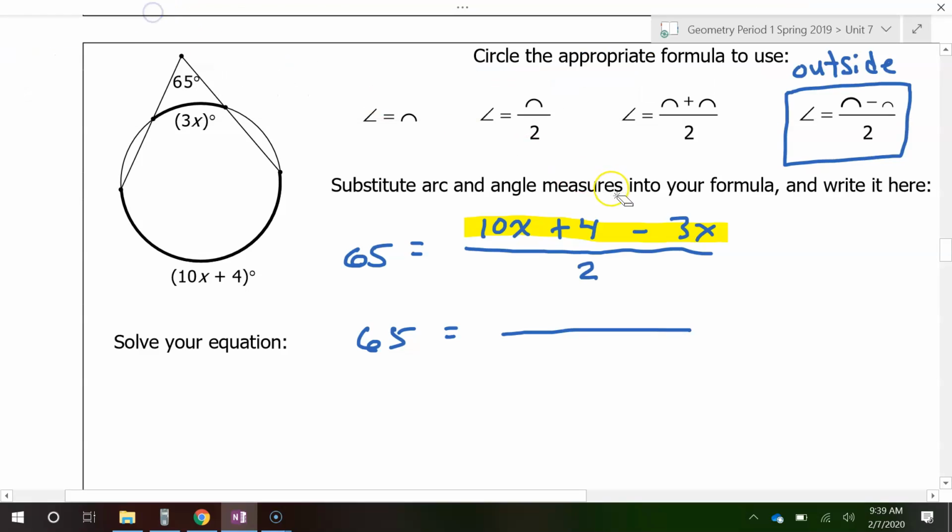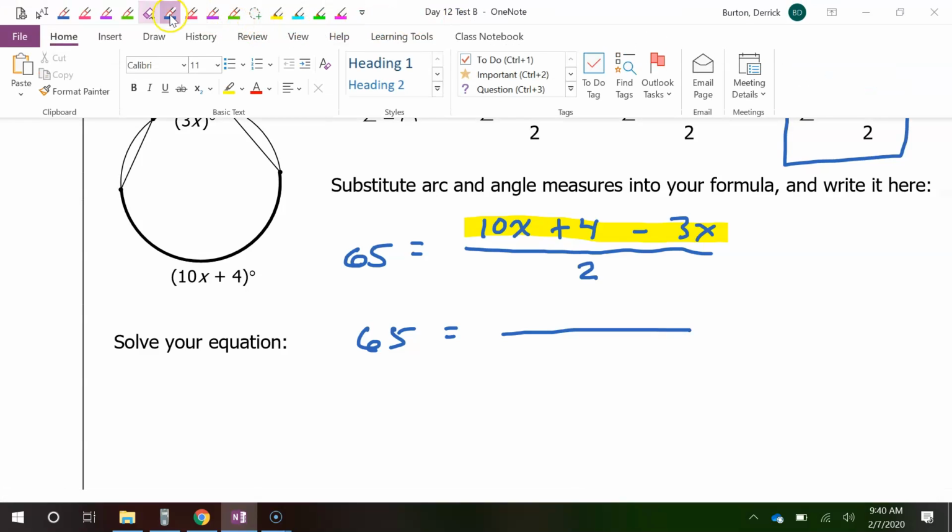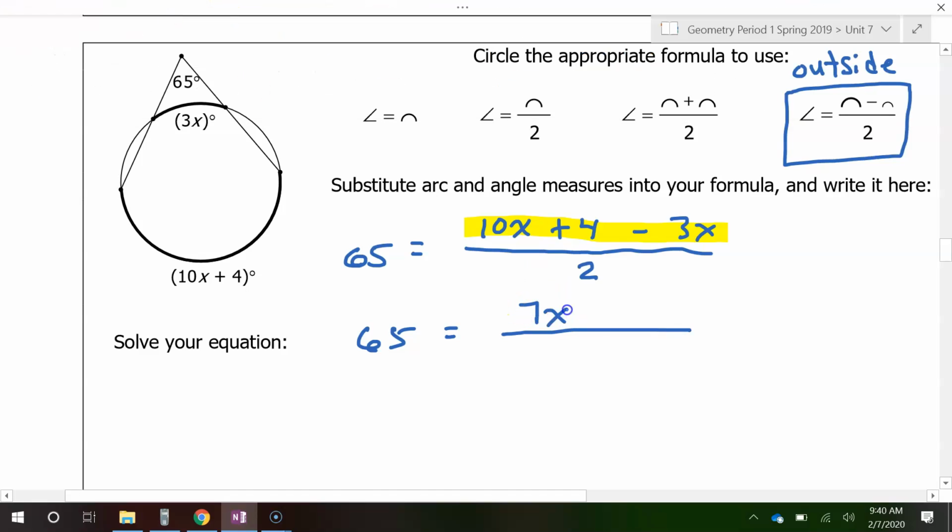You combine the x's. And what will that make? That'd be 7x. So we're going to have 7x plus 4, divided by 2. Am I losing anyone? We combine like terms.